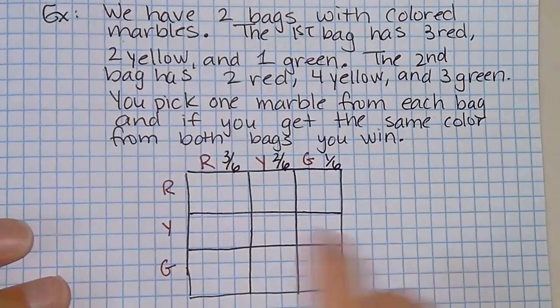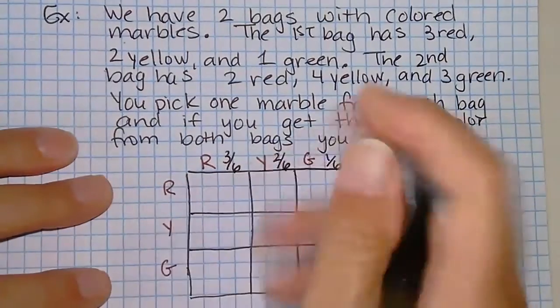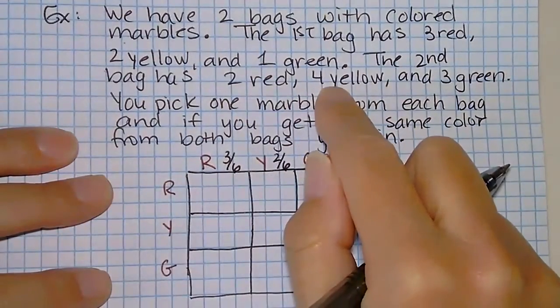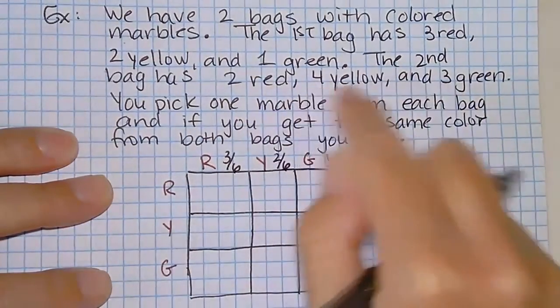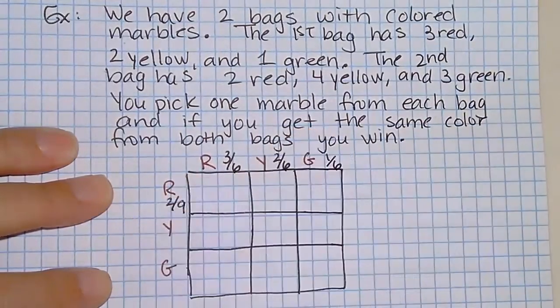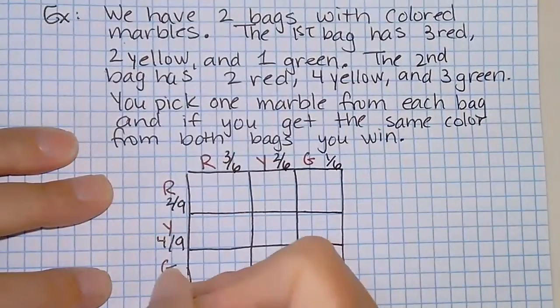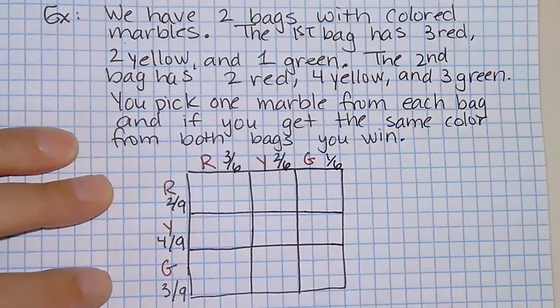And going to the other bag, I've got 2 red, 2, 4, so that's 6, 9. So I've got 2 out of 9 that are red. I have 4 out of 9 that are yellow, and I have 3 out of 9 that are green.